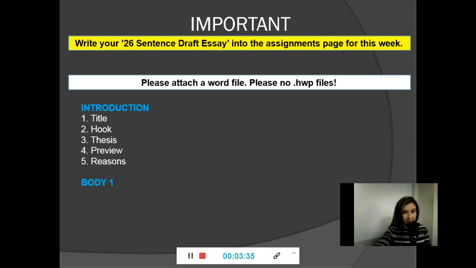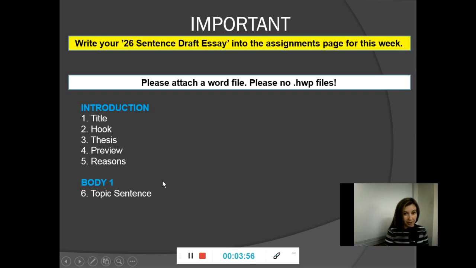Okay, the body. The introduction is going to be the first part of your essay, the first paragraph of your essay. Remember, there are 5 paragraphs. Let's look at the body.